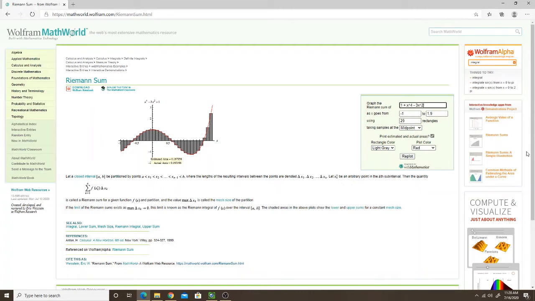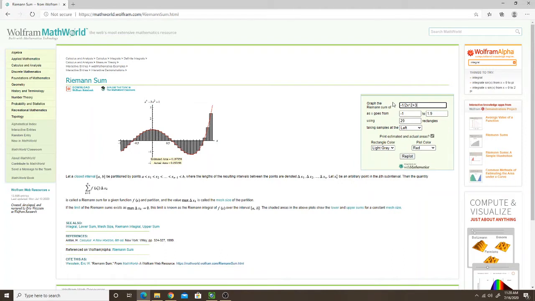You can type in like any question you want. But this particular page in Wolfram Alpha is going to graph. It's going to do what are called Riemann sums, and essentially what we're doing are Riemann sums here. We're doing left endpoints though, right? And the function that we're trying to compute the Riemann sum for is -1/2 times x squared plus 3.